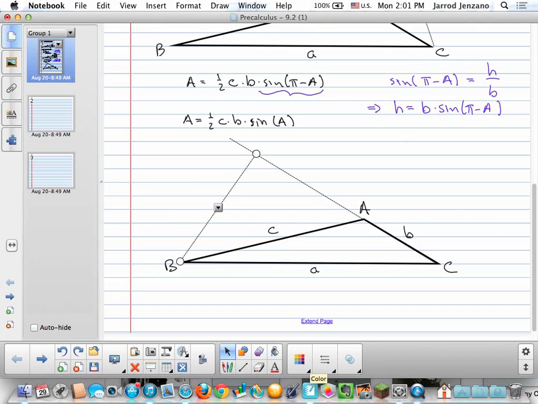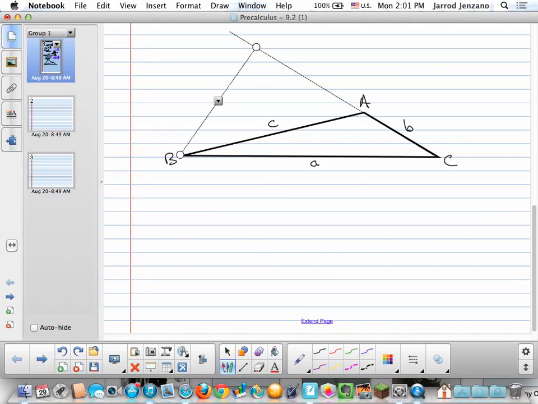You go through much the same analysis as the previous one, and you get that area is going to equal 1/2 A times C times the sine of B.